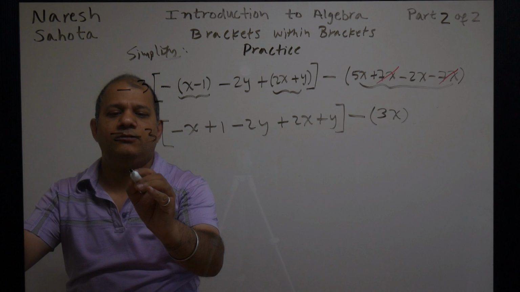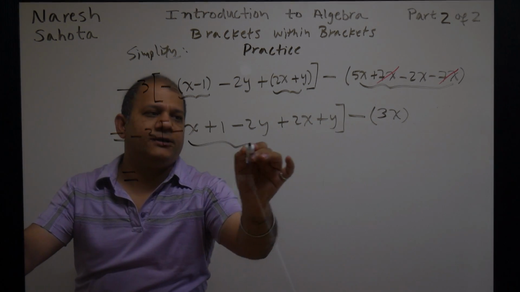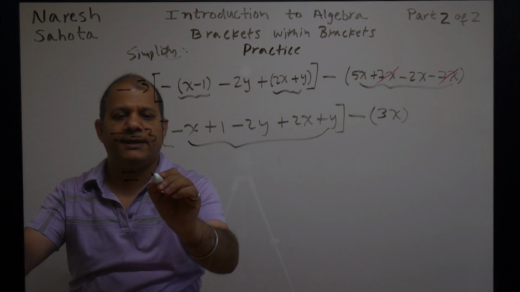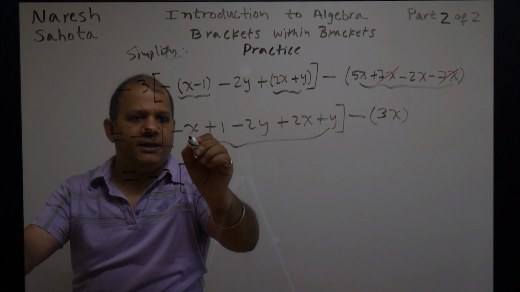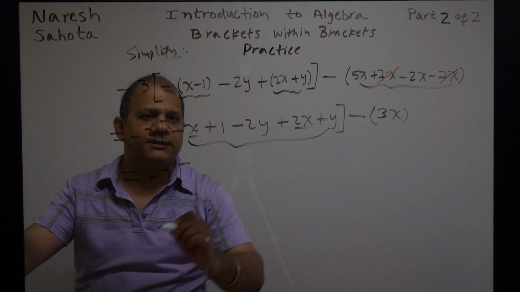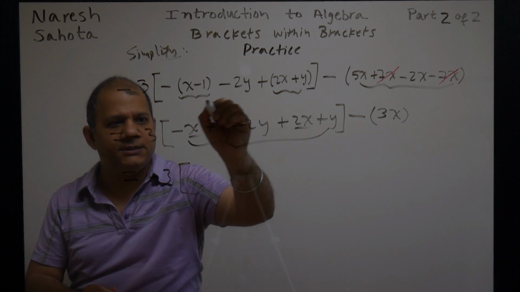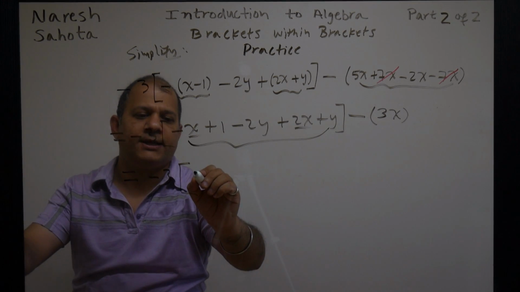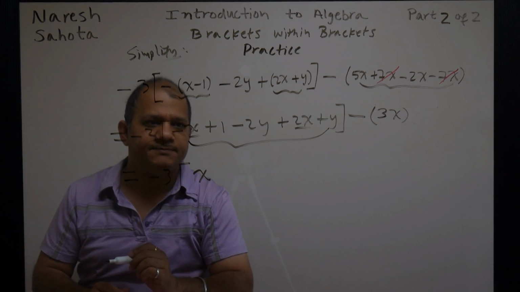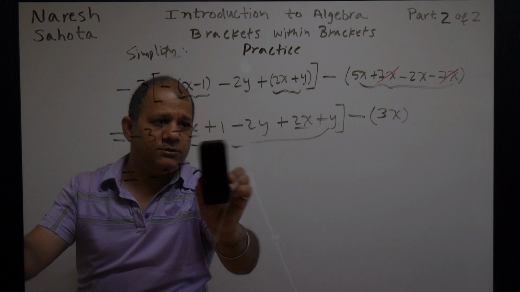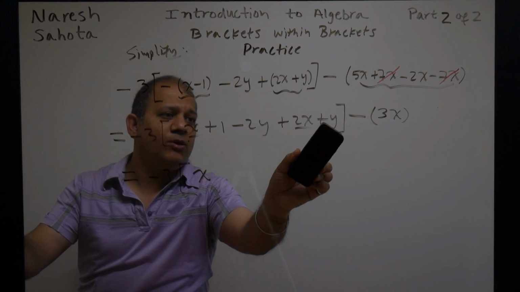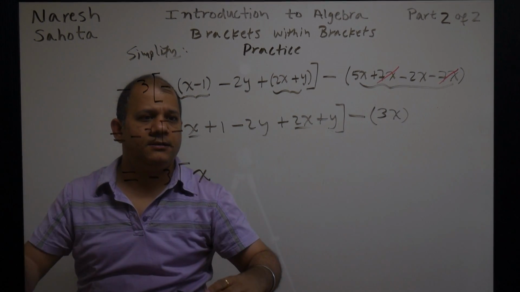Alright, so now we can collect like terms inside the square bracket. So we have x and 2x. So 2x, take away 1x is 1x, simply an x. Alright, so now what about the y terms? Do we have any y terms that are alike?